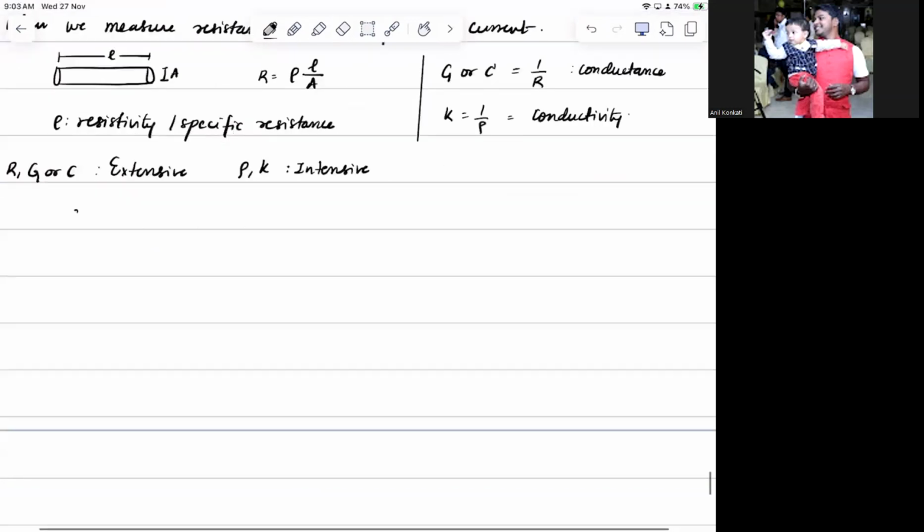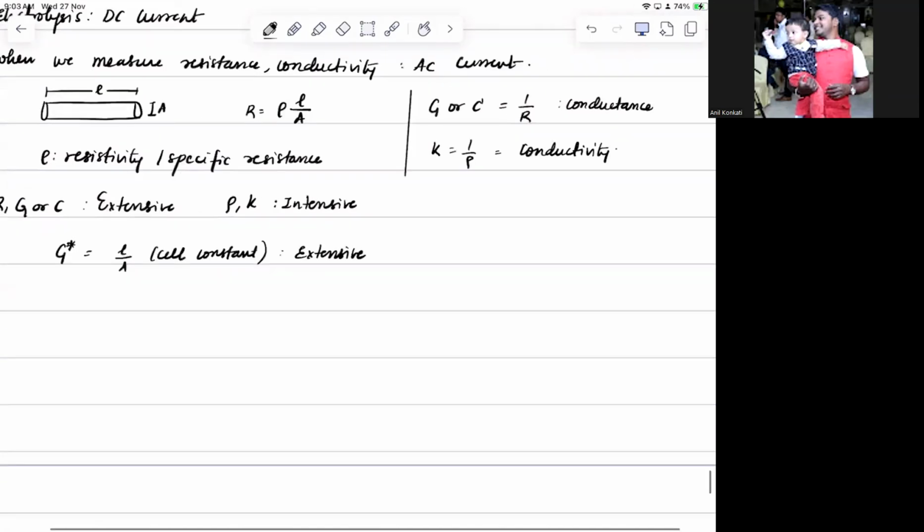Well, there is one more term known as G star, which is equal to L by A, which we call the cell constant. This depends on dimensions, so this is also extensive. So wherever conductivity, resistivity, or the word specific is used, like specific conductance, specific resistance, they all become intensive. Anything which is a general definition like this is going to be extensive.